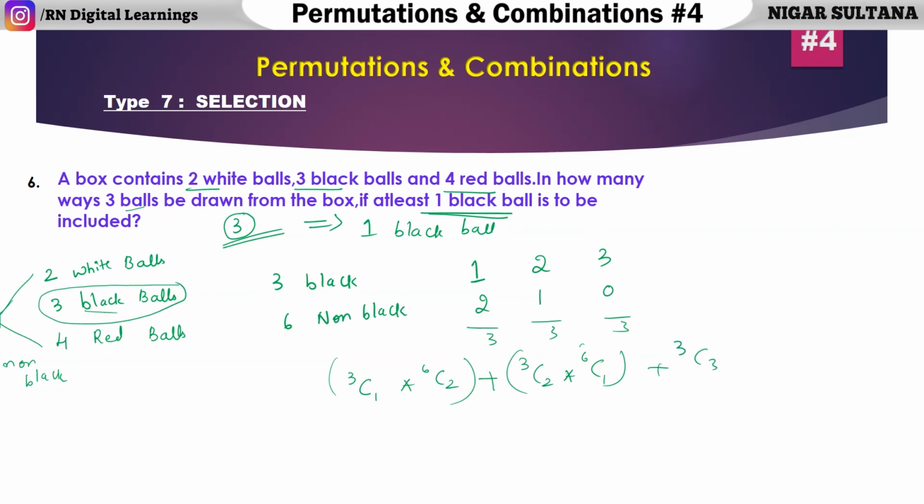Now what is 3C1? 3C1 is nothing but 3 into this 6C2, which can be written as 6 into 5 by 2 into 1.